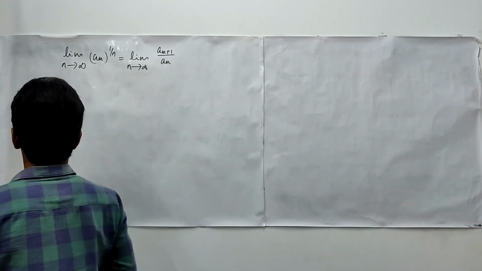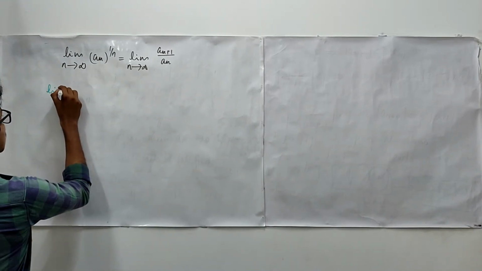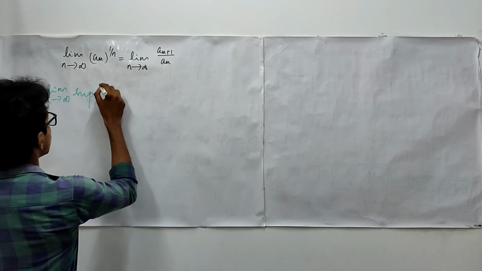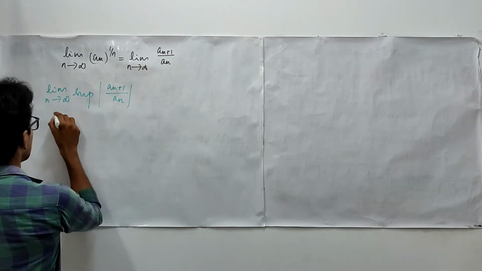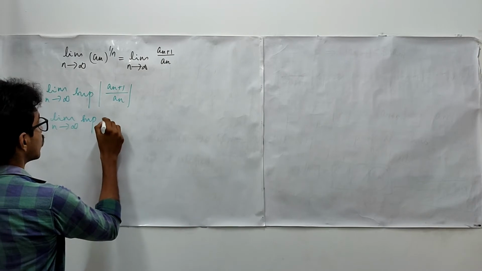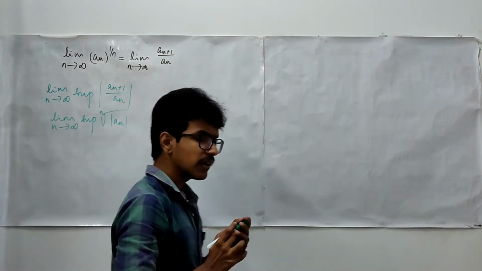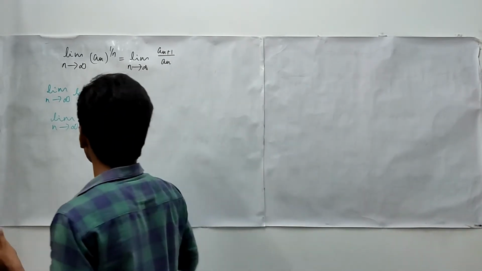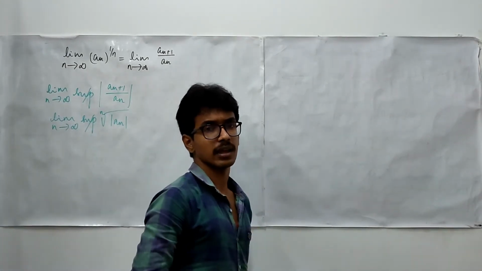Here we were talking about the limit as n approaches infinity of the supremum of absolute value of an plus 1 upon absolute value of an, and in the previous theorem we spoke about the limit as n approaches infinity of the supremum of the nth root of absolute value of an. We have spoken only about the supremum, not about the simple limits. Are they different? Of course they are different.